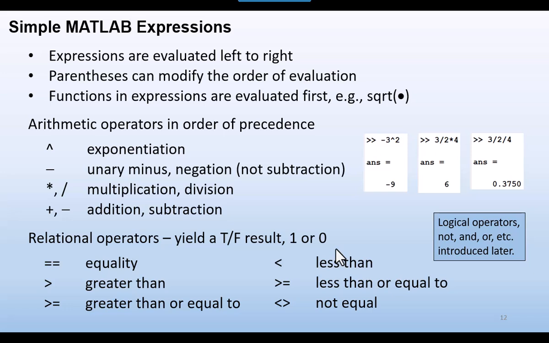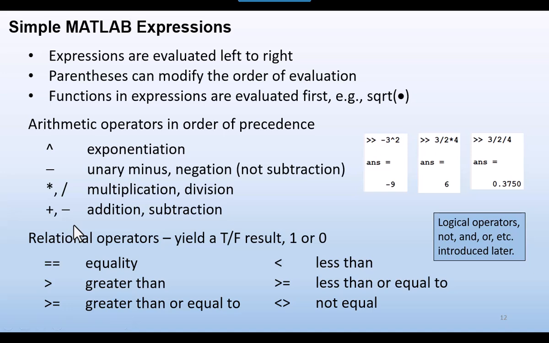The arithmetic operators look like this, and the main one to be aware of here is exponentiation, which uses the caret or the shift on a 6, and you'll notice that it has the highest priority, and in a combined expression, it will be the first of any of these operators that gets evaluated.